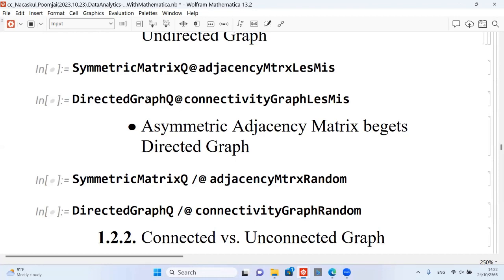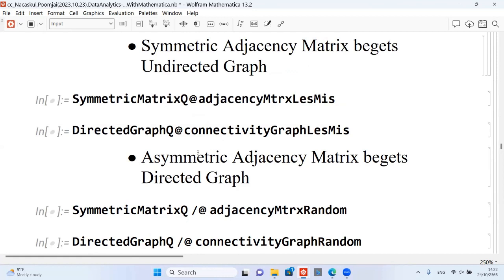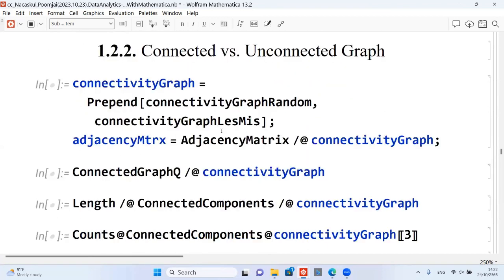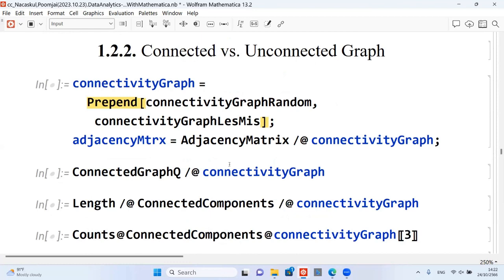So make sure you make the distinction between the adjacency matrix and the graph that's derived from it. But it's so ubiquitous: you convert graph to matrix, matrix to graph, and all kinds of stuff. Anyway, so this is connected, unconnected.